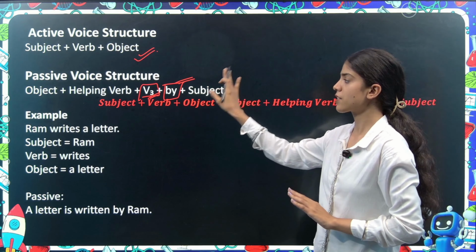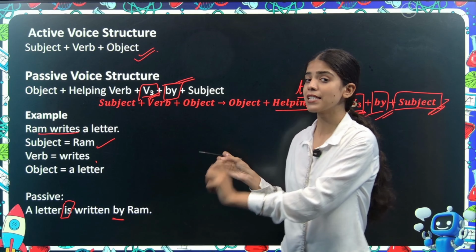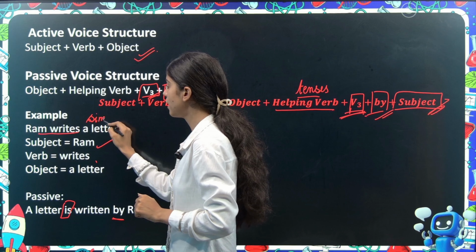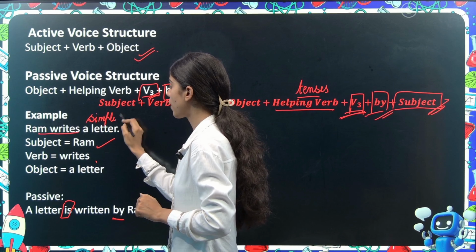So we can say that it is in simple present form, or present indefinite form, and we know that if our sentence is in present form, then we have to use three helping verbs, that is, is, am, and are.